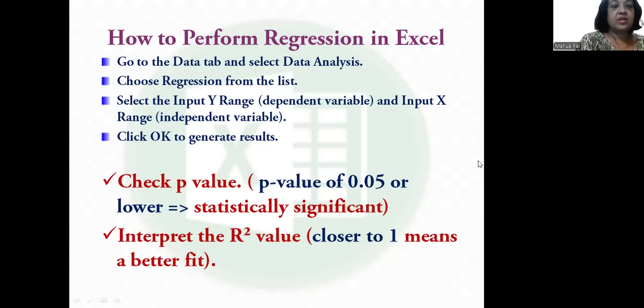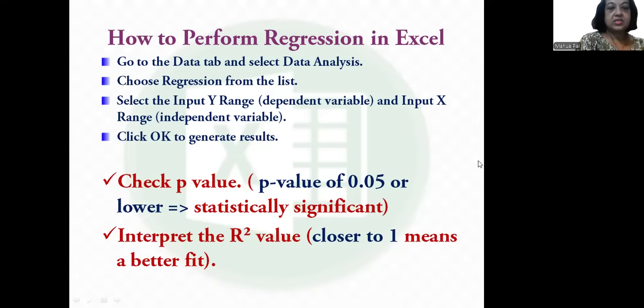So if it is less than or equal to 0.5, then we can go further for framing the regression equation.